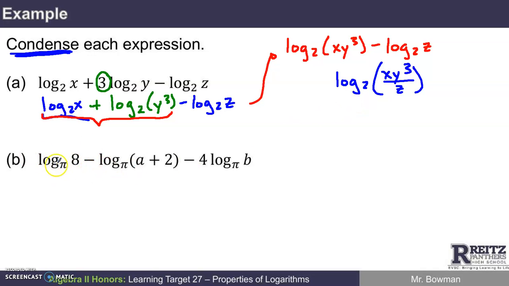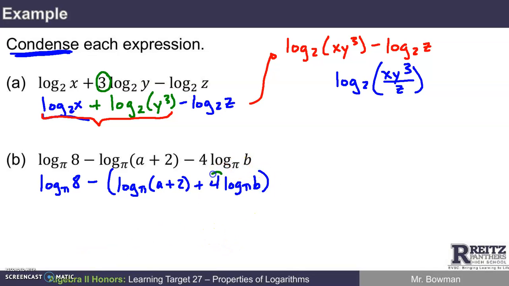Here's another example. Log base pi of 8 minus log base pi of a plus 2 minus 4 log base pi of b. I thought it might be helpful, since I see 2 negative terms here, to almost factor that negative out first. So log base pi of 8 minus, let me factor out that negative sign and make that a plus sign, log base pi of a plus 2 plus 4 log base pi of b.